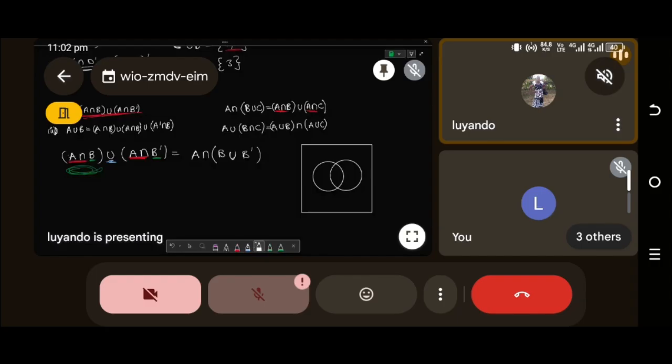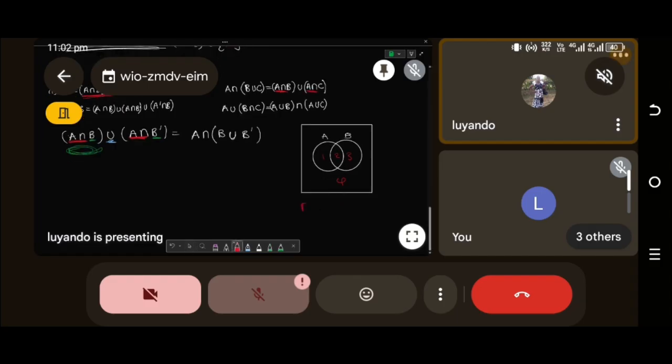So you've got your set A and your set B. Let's say this one has 1, we have 2 here, and 3 and 4 on the outside. B would be equal to 2, 3.